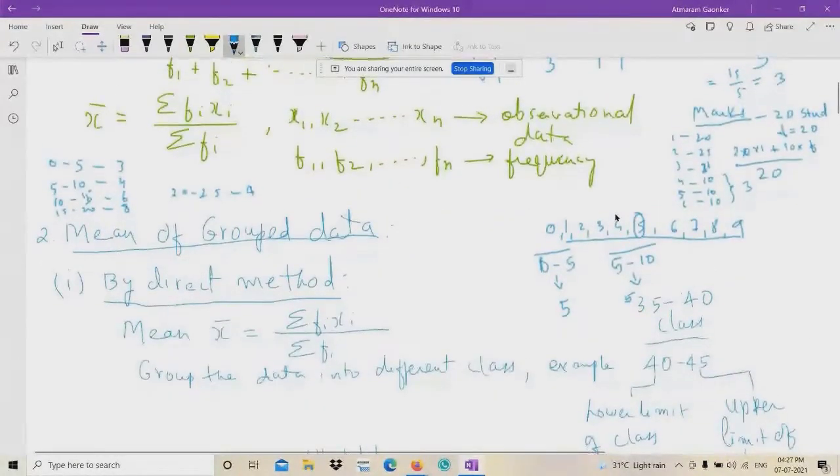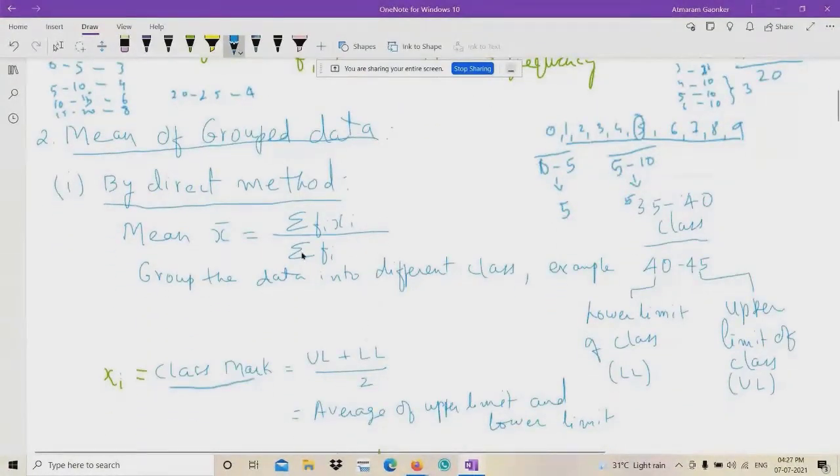Now you understood what grouped data is. So now we are calculating the mean of grouped data. There are different methods. One is the direct method. You use this formula and get the answer, and you have to understand what is called a class for grouped data.